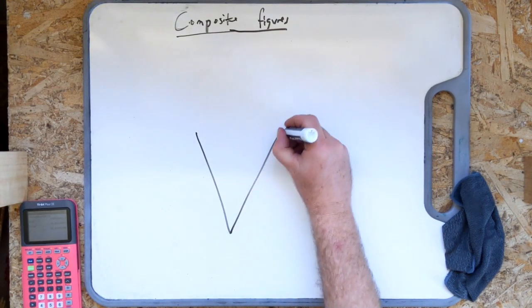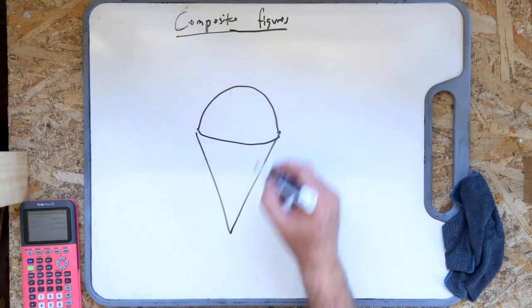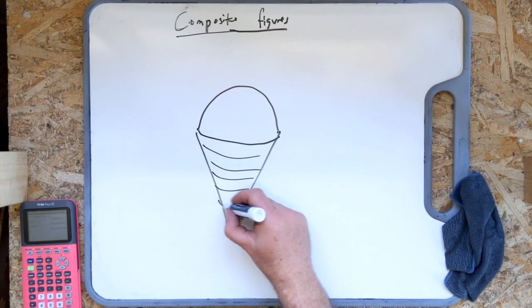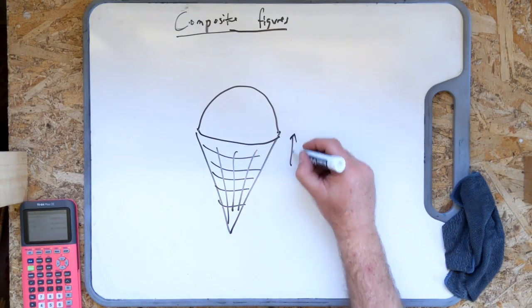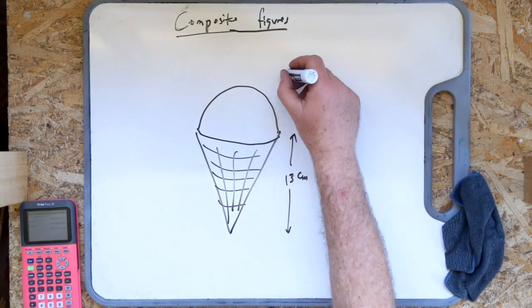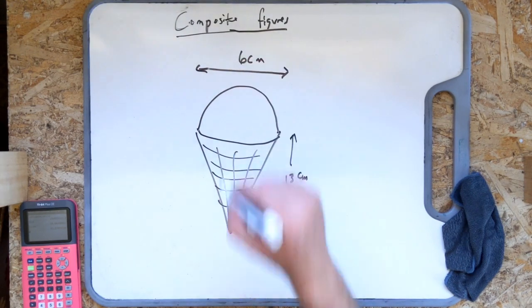So I'm going to draw a cone, ice cream cone, and in the top of it, I'm going to put the actual ice cream. So my notes have a nice little actual cone there. Okay, and the height of the ice cream cone is 13 centimeters, just the cone part of it. And the width up here is 6 centimeters.